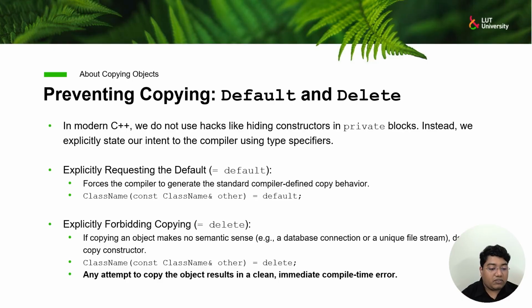If copying should never happen, we write equal delete. Now, any attempt to copy the object becomes a compile time error. It's explicit, it's easy to read, and much safer than hiding constructors in the private section.